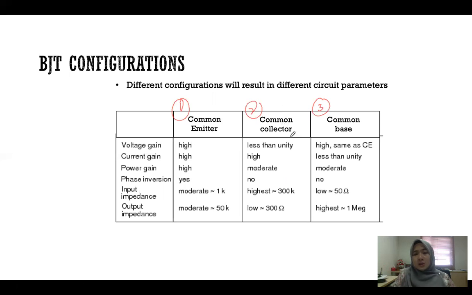If it is a common collector, it is less than unity, but if it is common base, it is high, same as the CE. I think this is not that important, but you can always refer here if you want to know the difference of circuit parameters for different configurations.